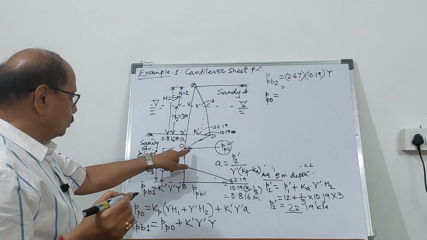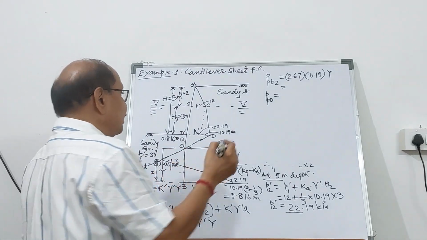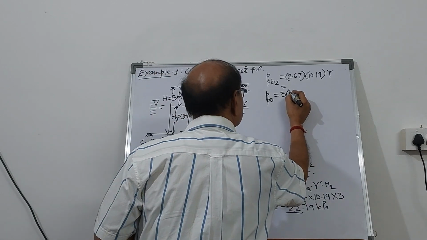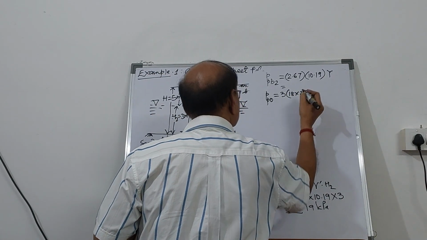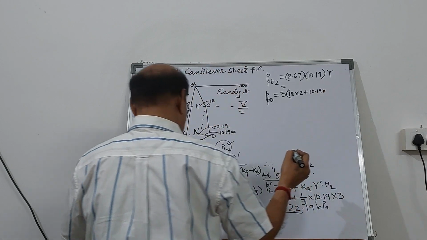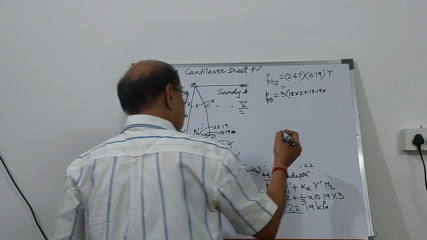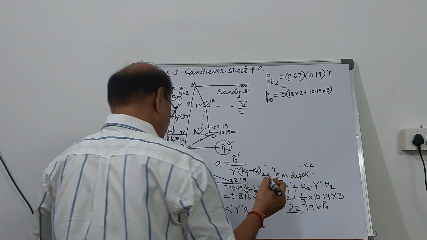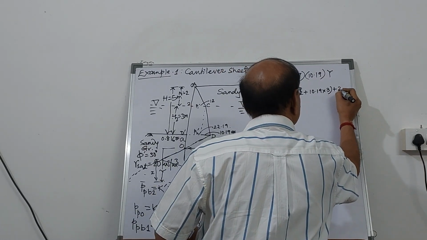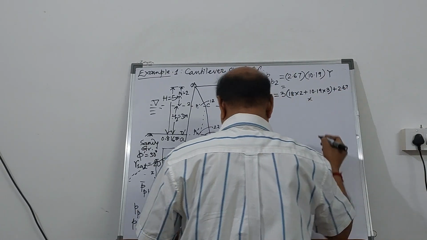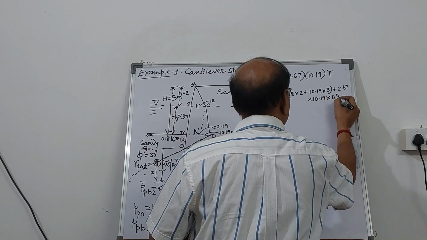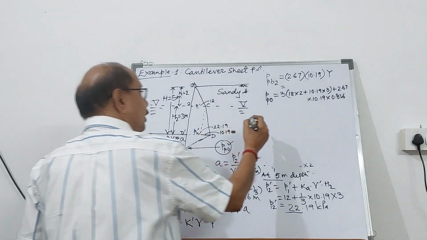The passive pressure at O is called PPO, which is equal to Kp, which is already known to you, gamma, H1, plus gamma prime, H2, all already known, plus K prime, 2.67, multiplied by gamma prime into A. So PPO can be calculated.